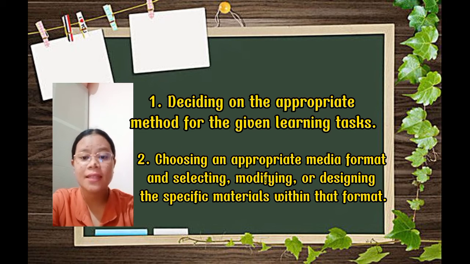First is deciding on the appropriate method for the given learning task. It would be overly simplistic to believe that there is one method that is superior to all others or that serves all the learning needs equally well.